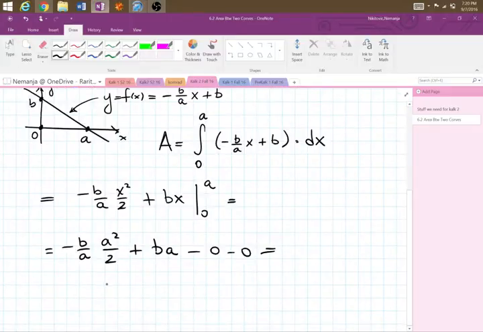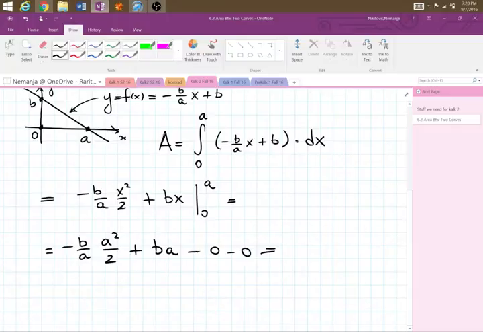And what do you have? When you plug in 0 into x squared and 0 into bx. So first 0 is for the first term, second for the second term, because there are two terms there. Right?